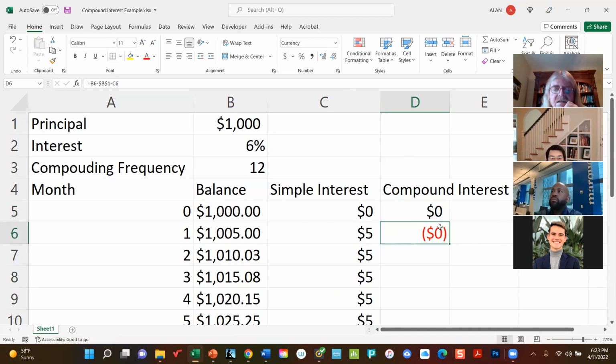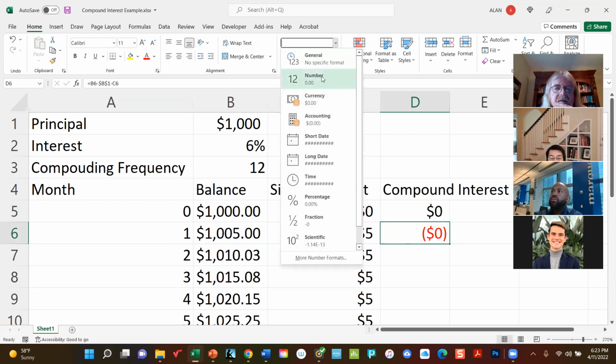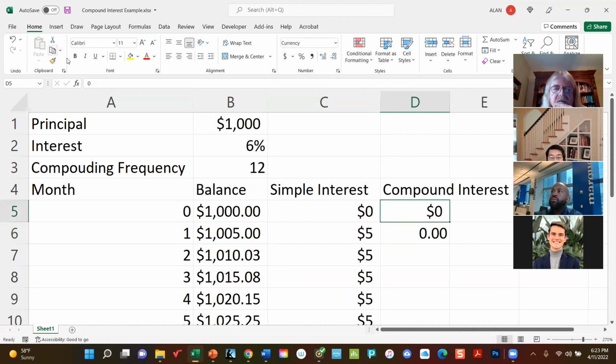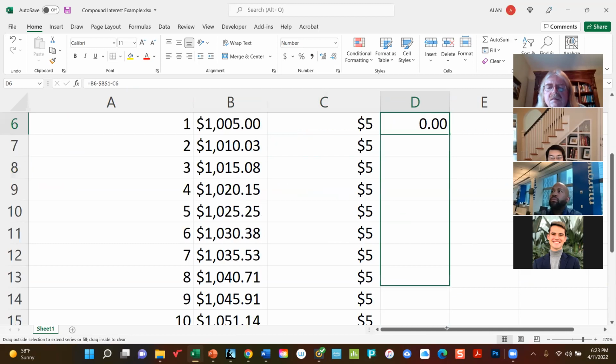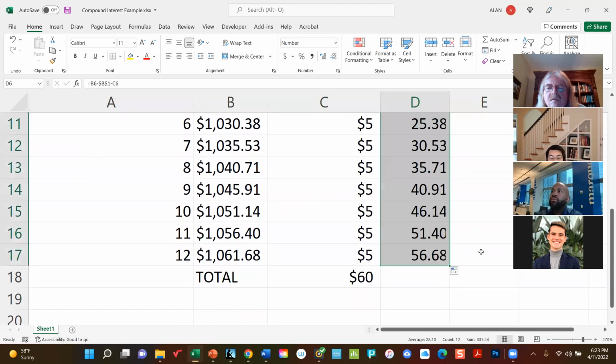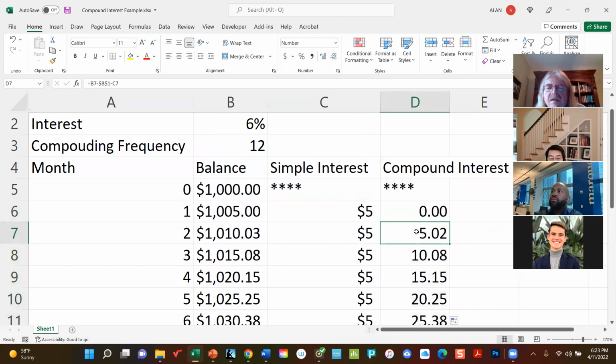I don't know why it's insisting that that be red. Oh, that's better. Huh, that's weird. All right, I'll make them all a number. That's fine. Okay, so the simple interest, this is the starting point. We actually should just put the asterisk here, I guess. Now, if I drag this down though, oh, wait a minute.